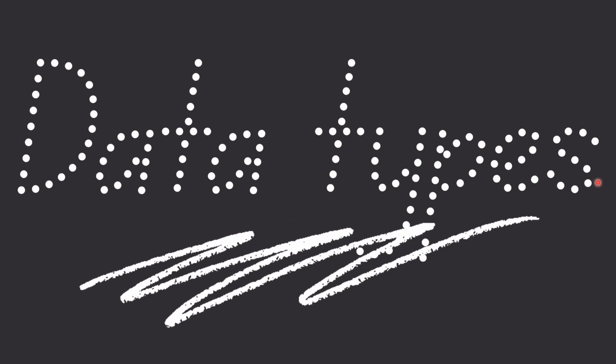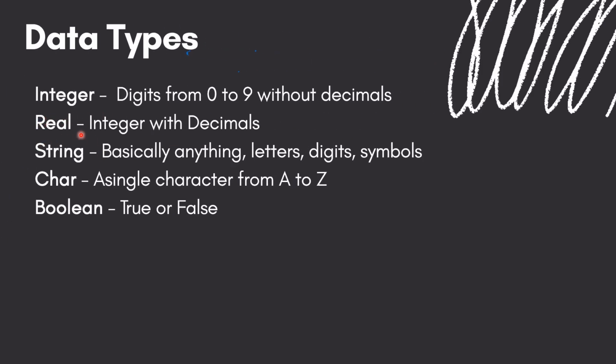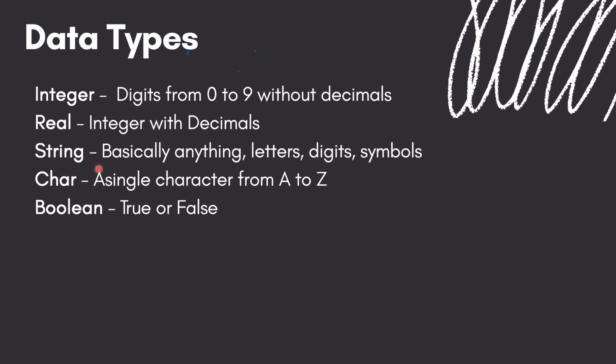So what are the data types we need to study for the computer science exam? These are integer, real, string, char, and boolean. First and foremost, your first question will have different types of data stored in variables, and they'll ask you to tell which type this data is.